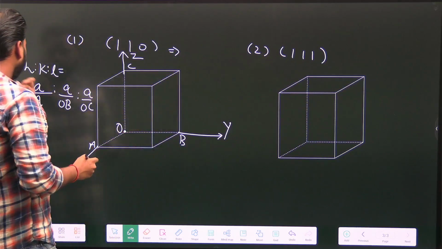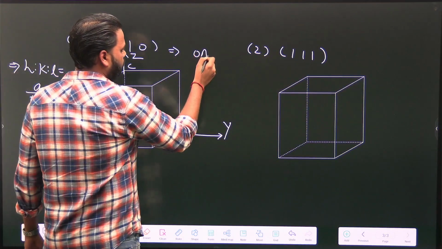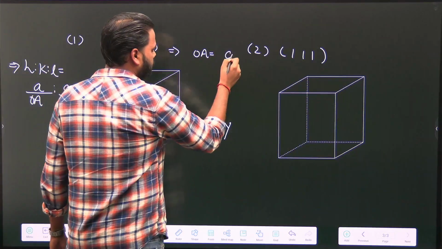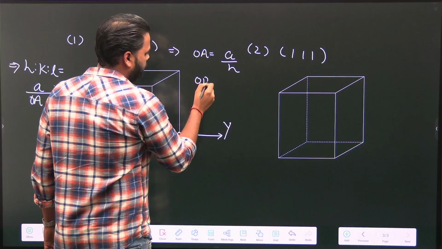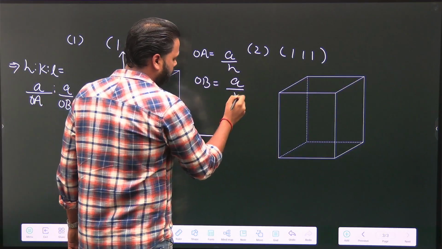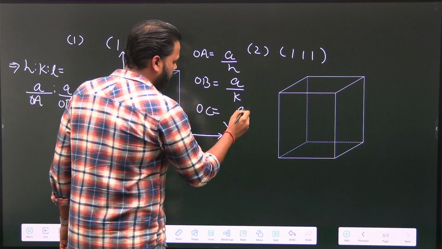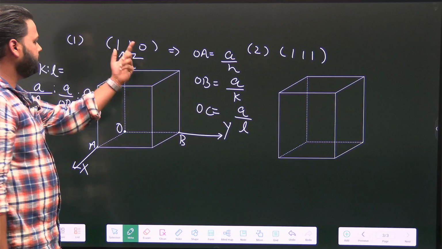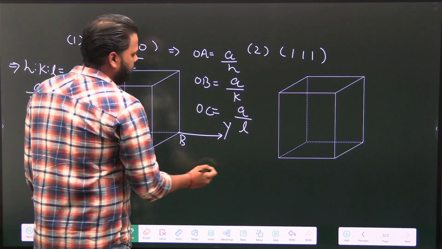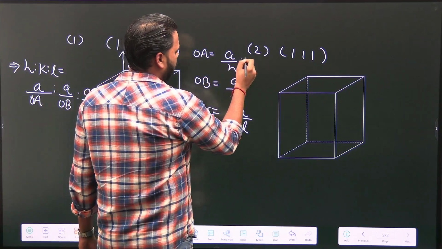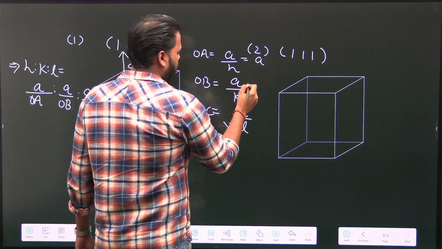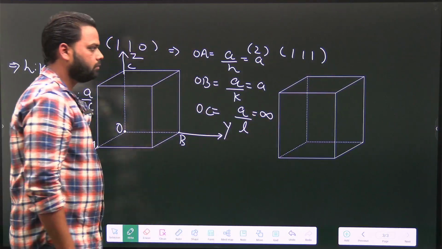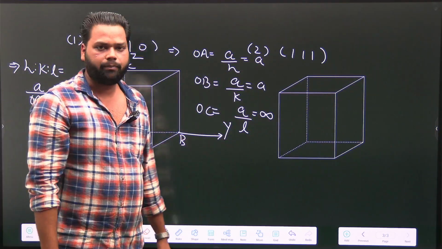OA is equal to a by h, OB is equal to a by k, and OC is equal to a by l, right? What is the value of hkl here? 1 1 0. That means the intercept OA will be equal to a, OB will also be a, and OC will be infinity. So this will be your intercept.